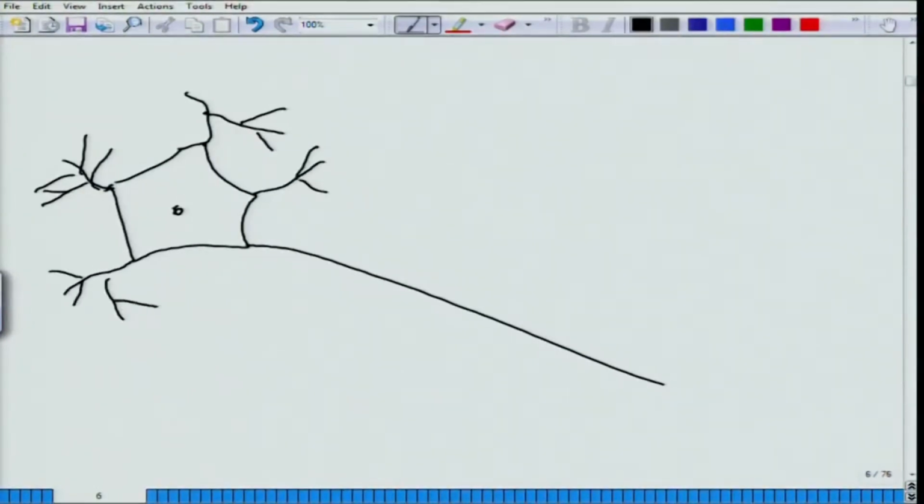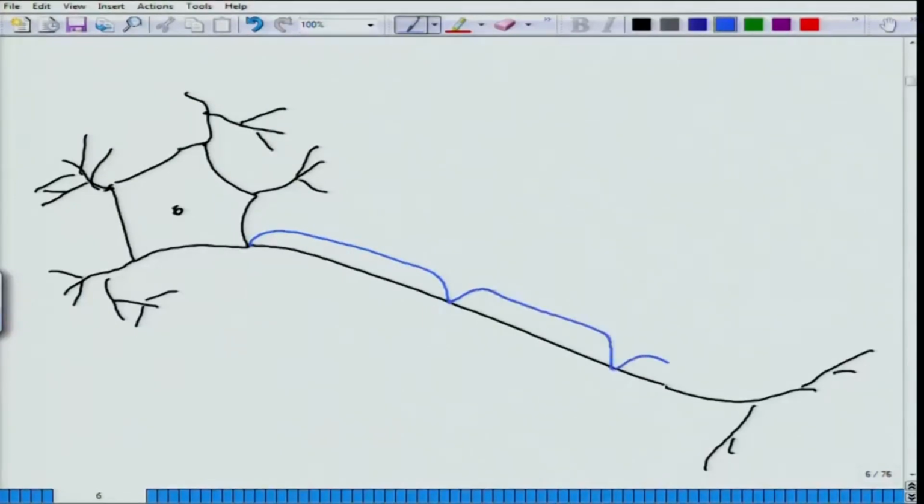There are several variations to this structure. One of the variations is that they may have these kinds of processes, and we will come to how these structures are formed while talking about the supporting cells of the nervous system.